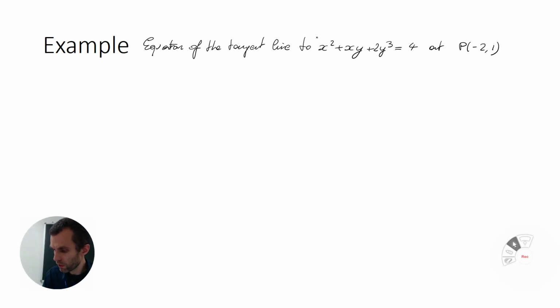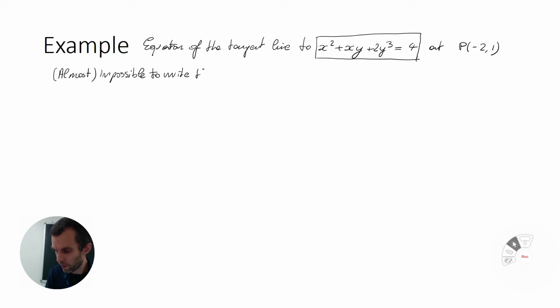So the first thing to note is that this curve right here, it's almost impossible to write this as y equal to some function, almost impossible to write this as y equal to something in just x.